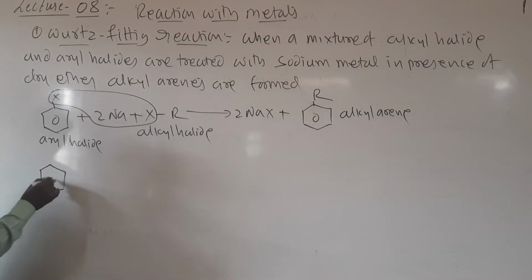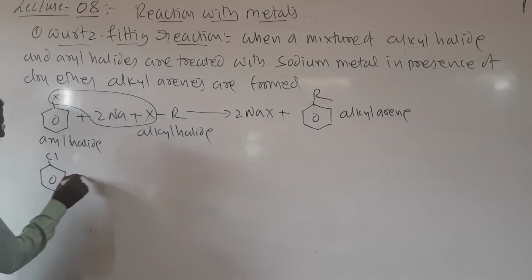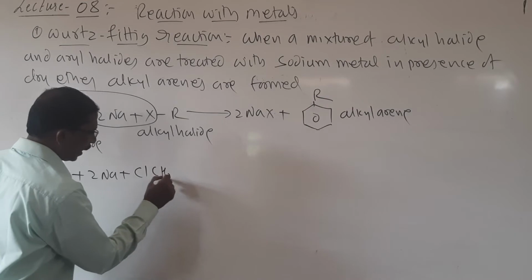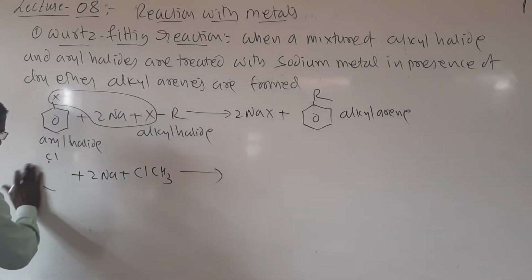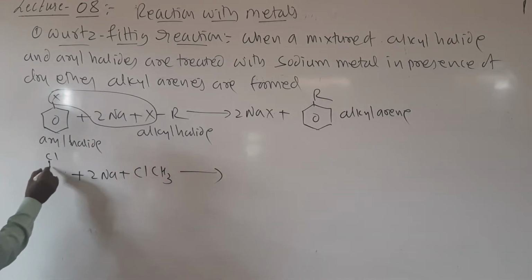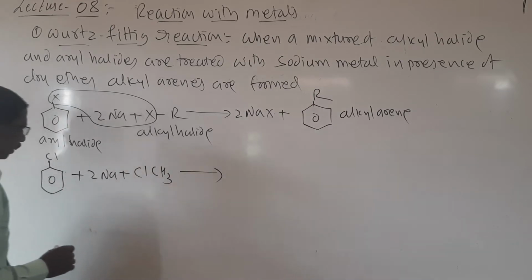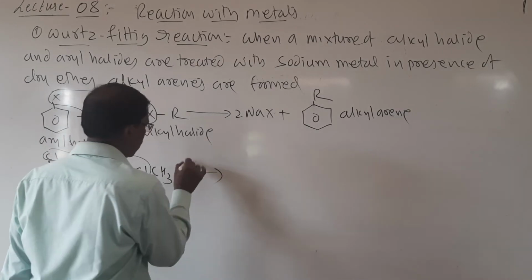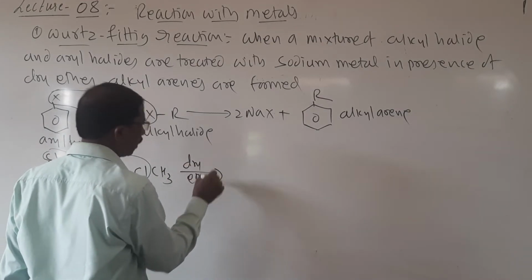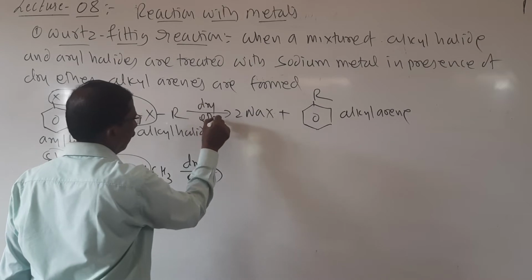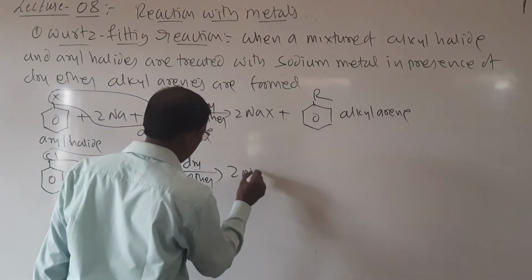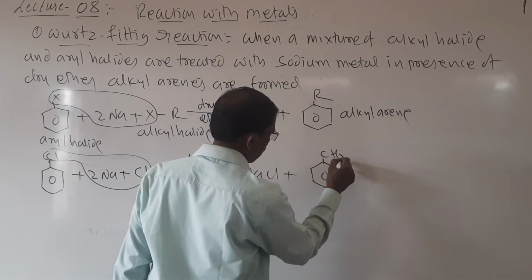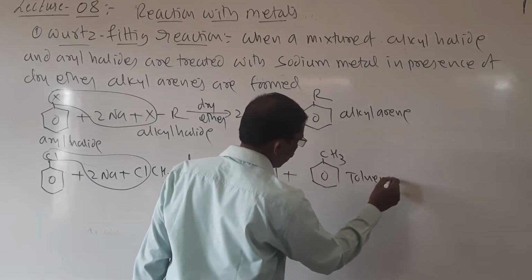When chlorobenzene is treated with 2Na plus methyl chloride in presence of dry ether, it forms 2NaCl plus CH3 toluene.